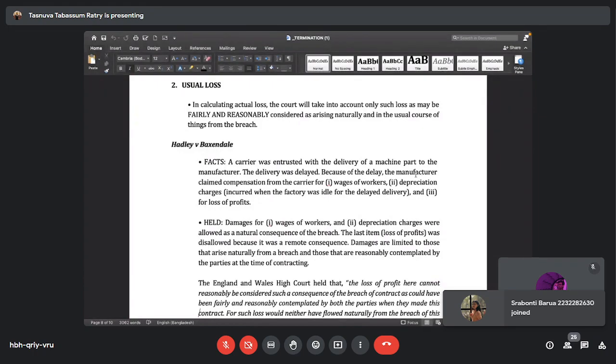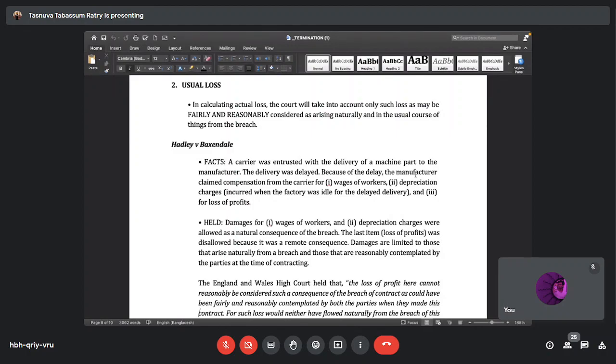So what happened in this case was there was a delivery for a machine part. Obviously the manufacturer was waiting for the delivery. The courier who was supposed to do the delivery failed to deliver on the delivery date.